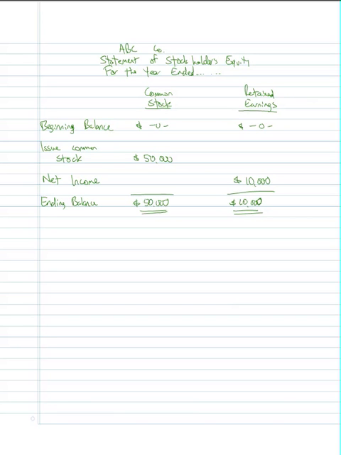And again, notice we're losing a little bit of information. We know that we have $10,000 of net income, but from looking at this statement, we don't know how much of revenue and how much expenses there were. We don't know if there was $15,000 of revenue and $5,000 of expenses, or $100,000 of revenue and $90,000 of expenses, or the $25,000 of revenue and $15,000 of expenses there really were. The purpose of this statement is not to explain the amount of net income in detail, but to explain how the amount of net income affects stockholders' equity. So we have total stockholders' equity at the end of the year of $60,000, which is the sum of the 50 and the 10.